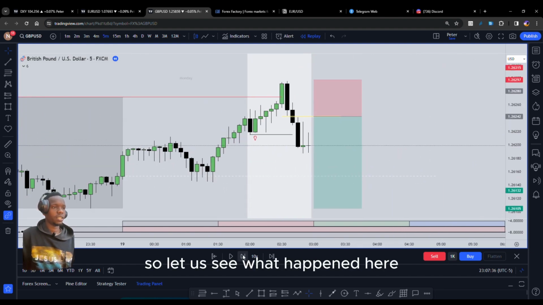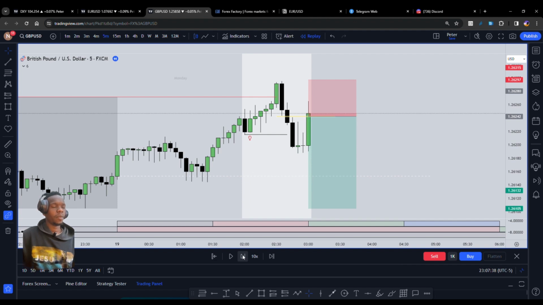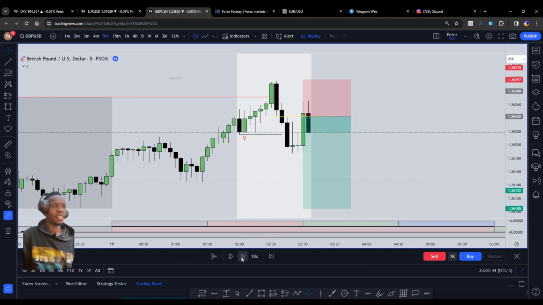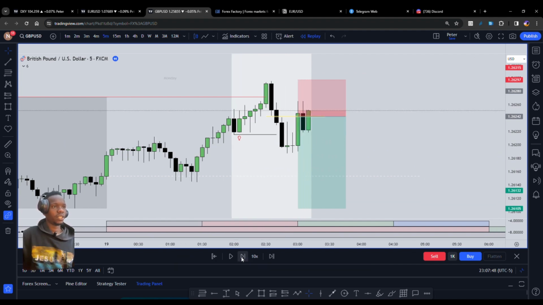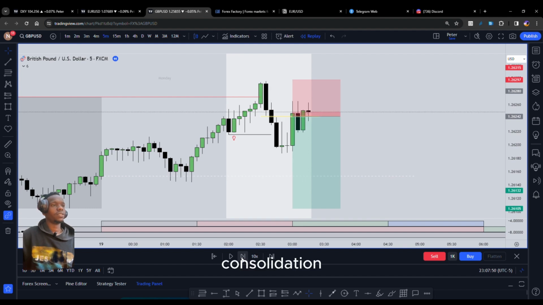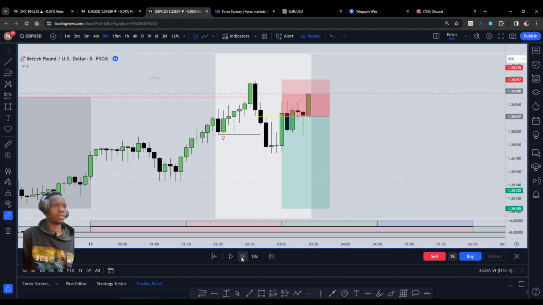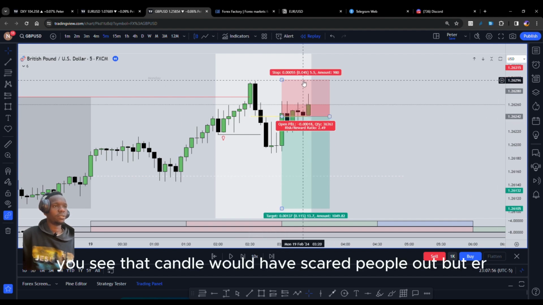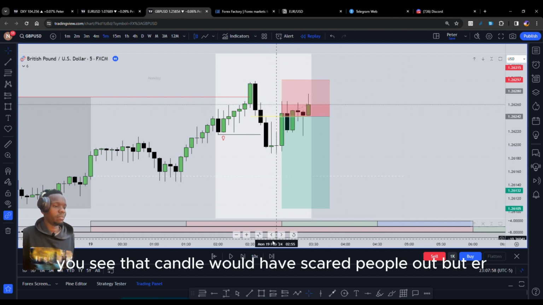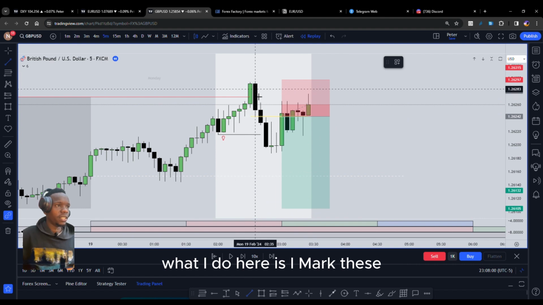So let us see what happened here. You see that immediately we went up there, and this is a powerful candle. This would scare someone. Then some rejection there, some rejection, consolidation. You see, that candle would have scared people out, but what I do here is I mark this.